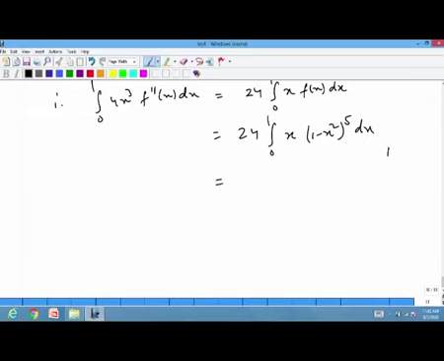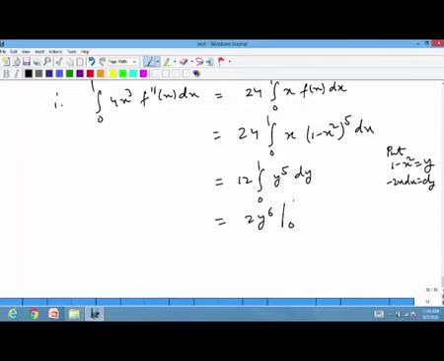If we put 1 minus x squared equal to y, then we get minus 2x dx is dy, then this is nothing but 12 times the integral from 0 to 1 of y to the 5 dy, which is equal to 2 y to the 6 from 0 to 1, and this is equal to 2. So, therefore, the value of the integral is equal to 2.